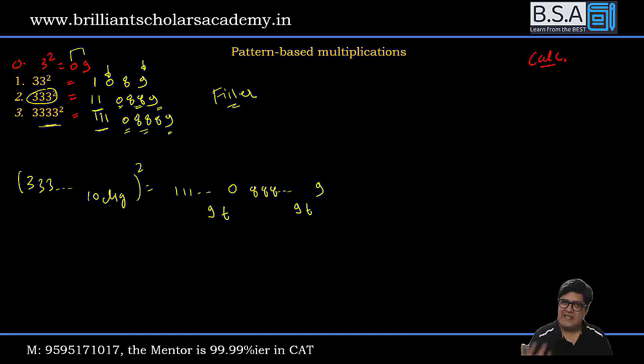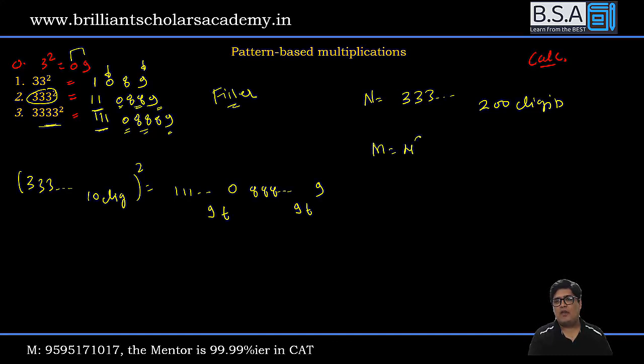What kind of questions have been seen in mocks or other exams? They'll say a number n is 333 up to 200 digits. When the square of the number is performed, there could be multiple questions.